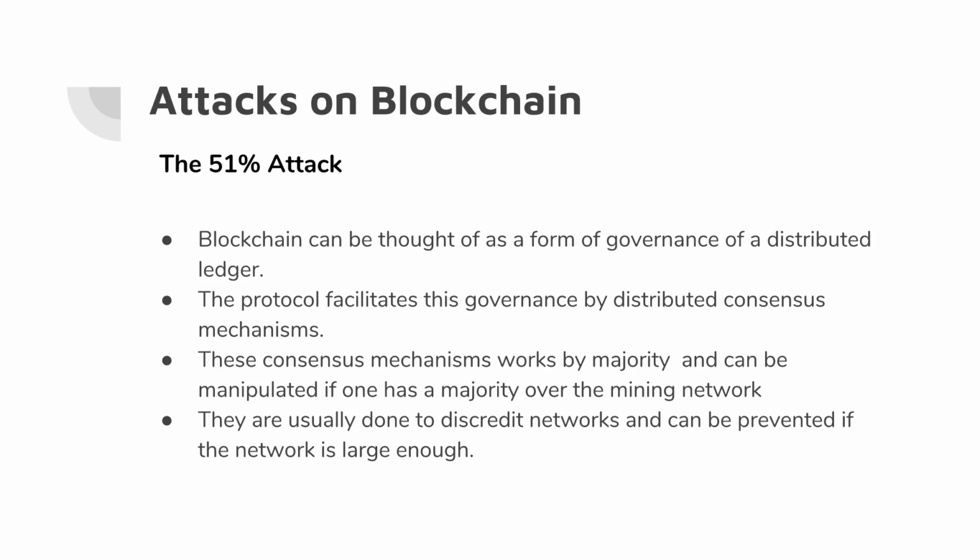So these kinds of attacks are usually done to discredit networks as a whole, and it's very difficult to do that in a network like the Bitcoin network, which is very large and would require a party to possess huge resources if they wish to control the network by a 51% majority.